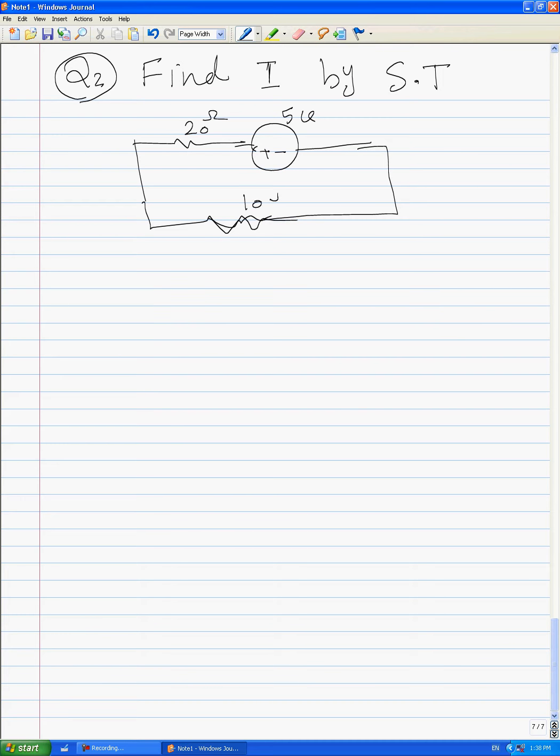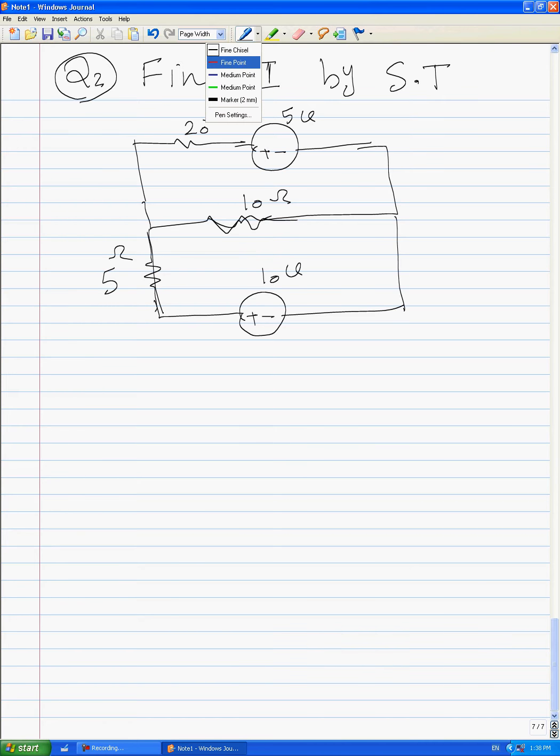We have 10 ohms here. Also, we have 5 ohms here. And we have 10 volts here. The current is this current. We want to find out this current.